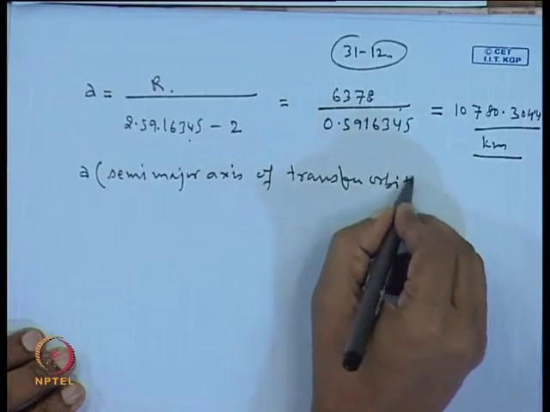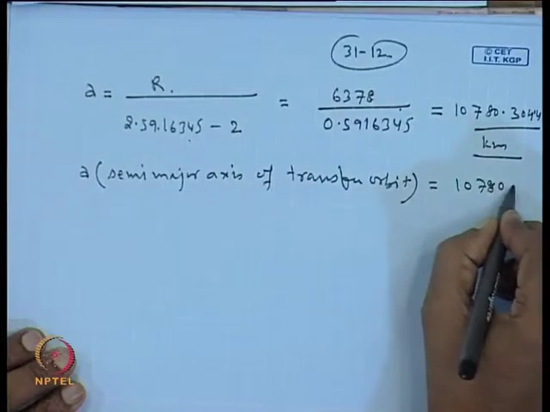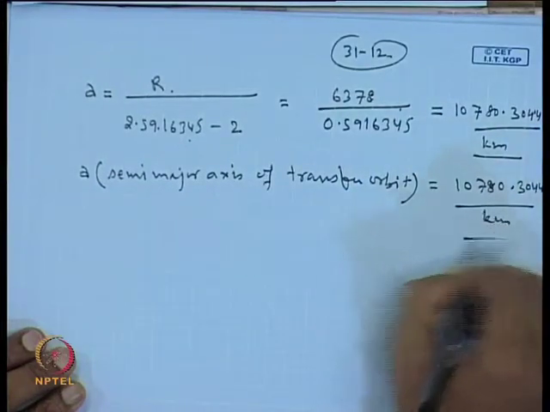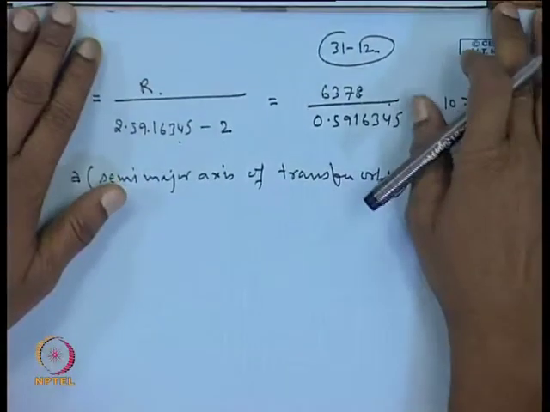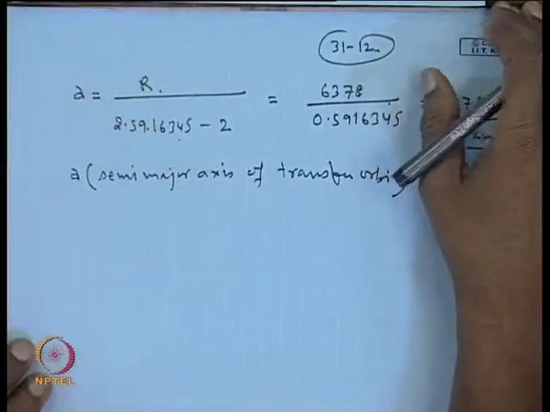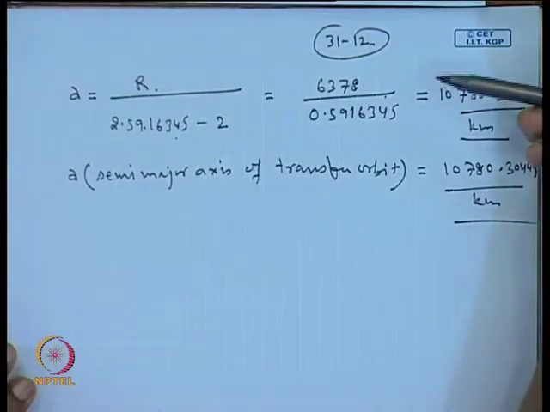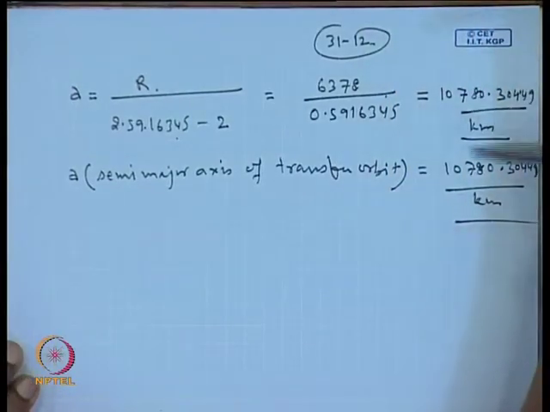So, A, the semi major axis of the transfer orbit, becomes 10780.30449 kilometers. So, here in this, for the non coplanar maneuver, instead of just writing the equations, we are taking a problem and demonstrating how the whole thing can be worked out.